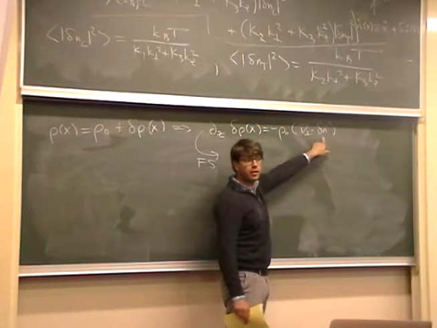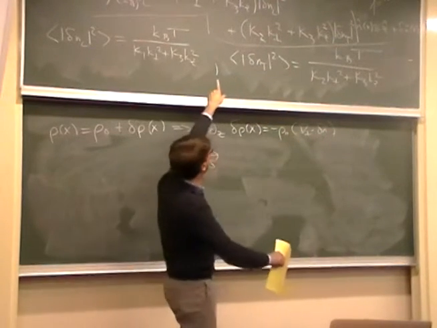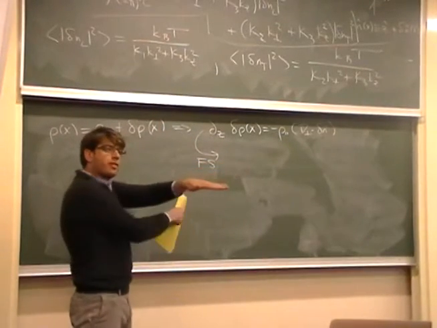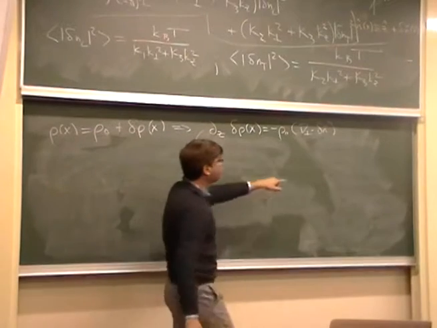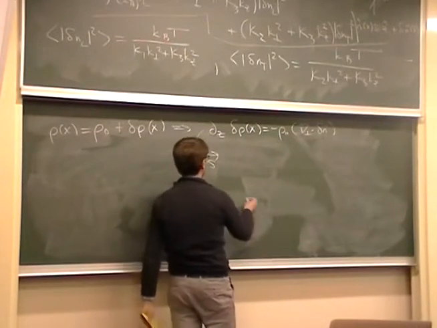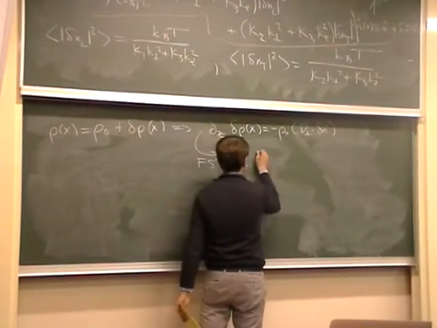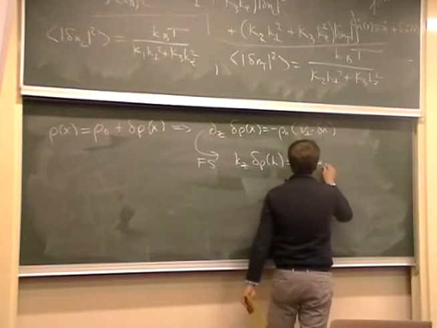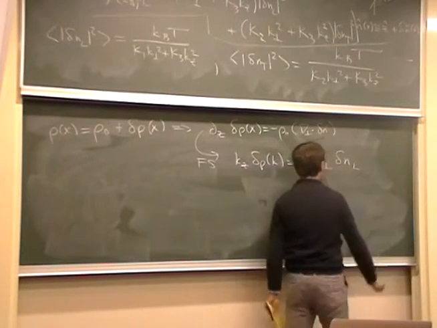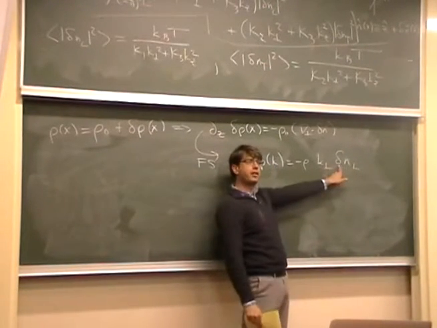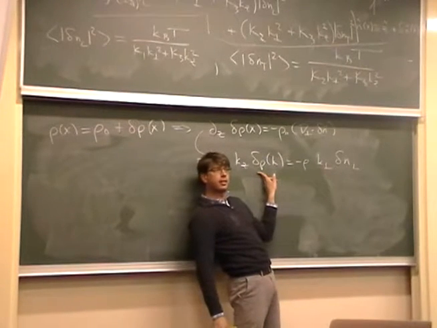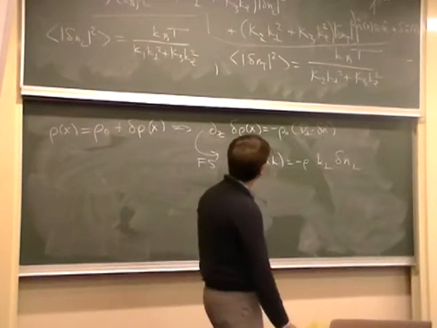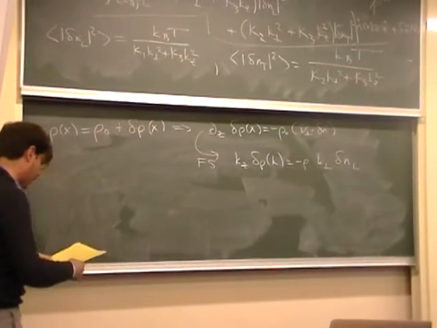This doesn't couple to the transverse component. Remember how there are these two polarizations, the longitudinal component, which is along k perp, and the transverse component, which is perpendicular to k perp. This only couples to that longitudinal mode. So in Fourier space, what we find is one of these two polarizations is locked to the density. The other one isn't. So now we're going to see what happens because of that.